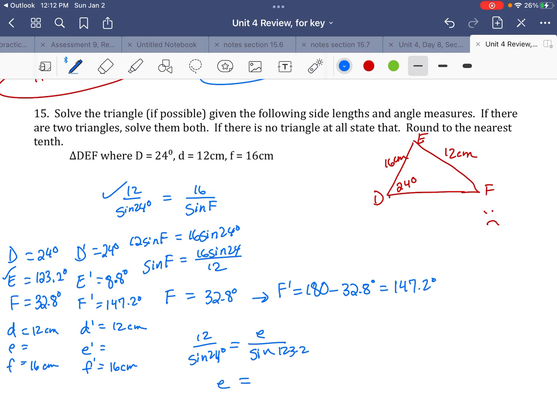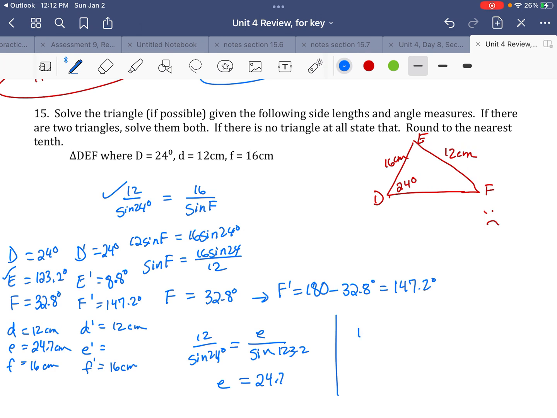All right, so do your cross multiplying. Let's do 12 times the sine of 123.2, and then we're going to divide that by sine of 24. 24.7. All right, so 24.7 centimeters.